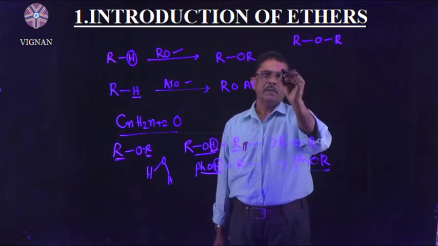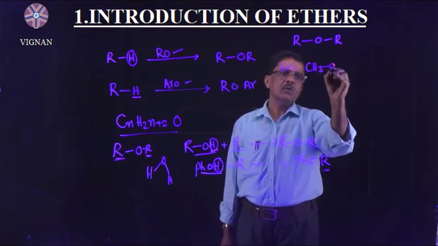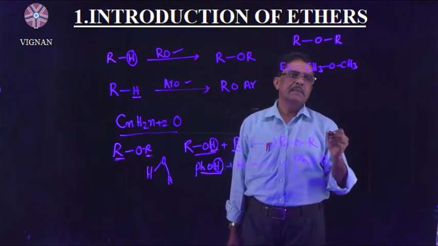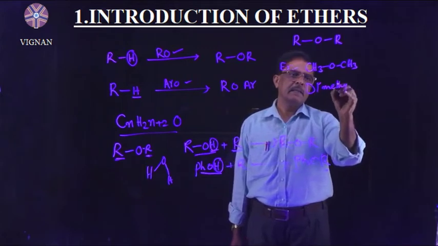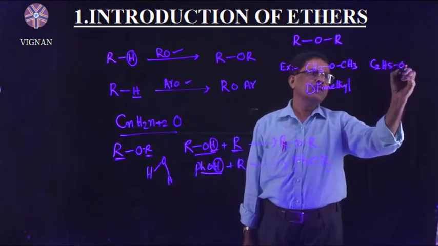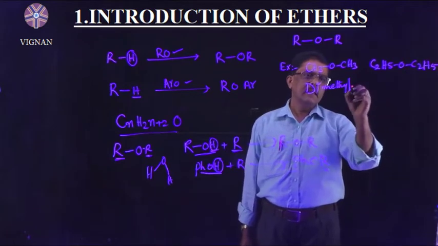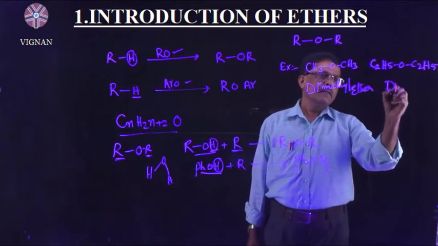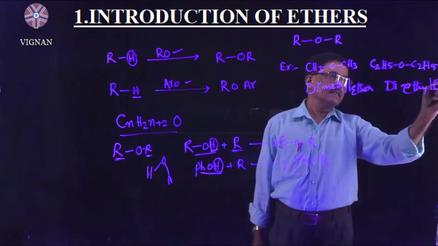An example of an ether is CH3OCH3, which is dimethyl ether, and C2H5OC2H5, which is diethyl ether. So these are ethers.